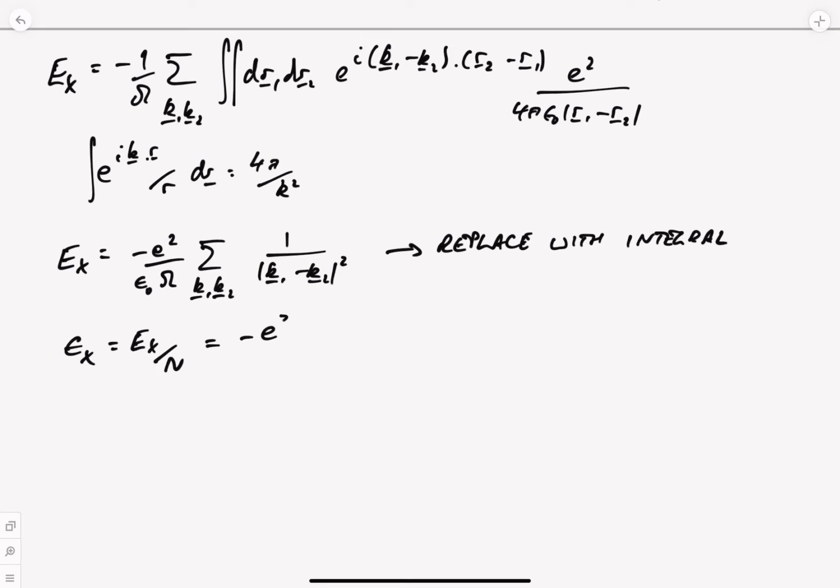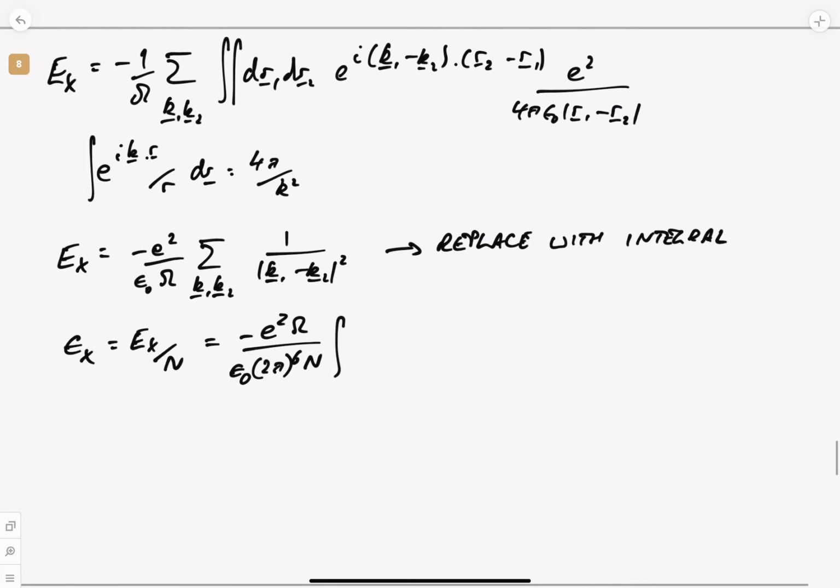You've got minus e squared omega over epsilon naught (2 pi)^6 N, and notice we've got an omega on the top now in the numerator rather than the denominator, because there's a double factor of the volume of k space, which gives you an omega squared in the numerator. Now we're going to have a double integral in both cases up to the Fermi wave vector of dk1 dk2 1 over |k1 minus k2| squared.